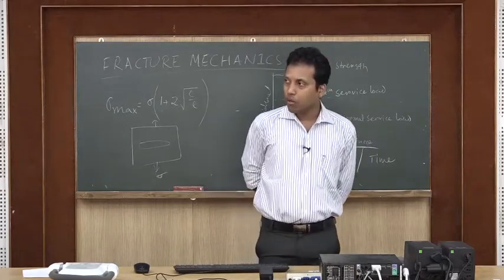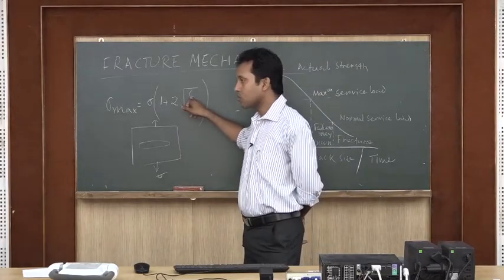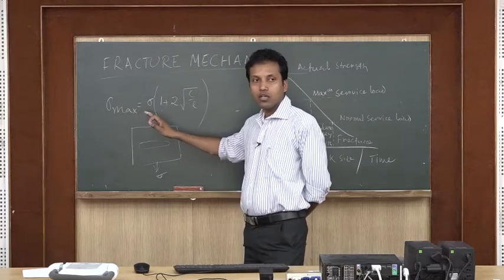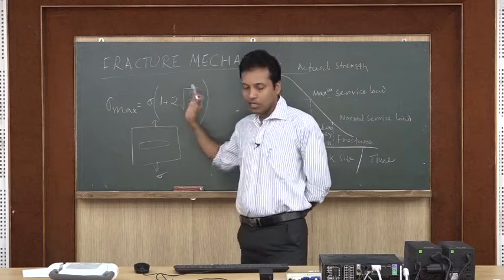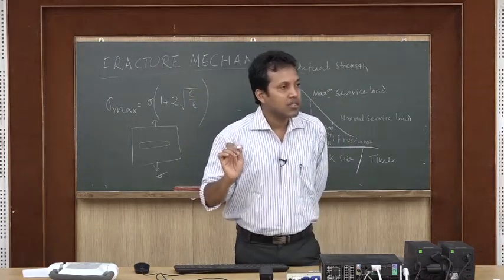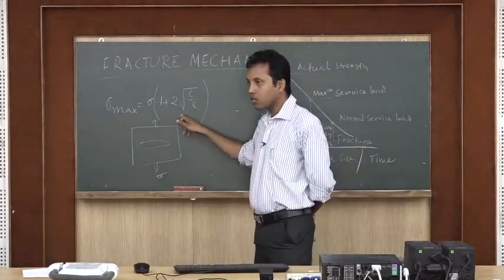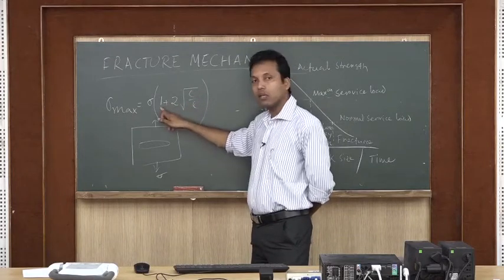Okay. So, from here what we can see is that the total stress concentration is dependent on the crack length. So, I can say that the stress concentration can increase with crack length. Can you follow this one? We have said that c is very much greater than rho, so this 1 can be neglected.